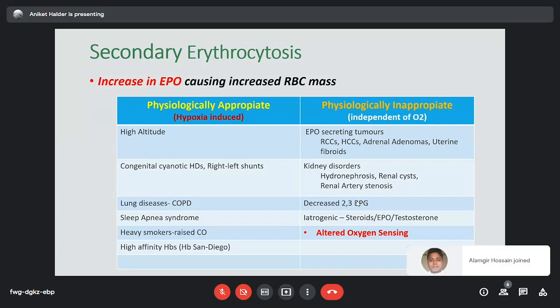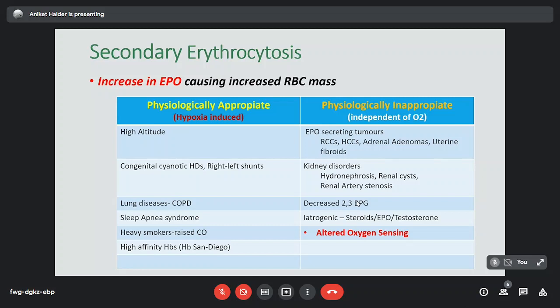And iatrogenic causes may be due to exogenous use of steroids or exogenous administration of erythropoietin or testosterone, because it directly increases the erythropoietin levels of the blood and thus increases the red cell mass.